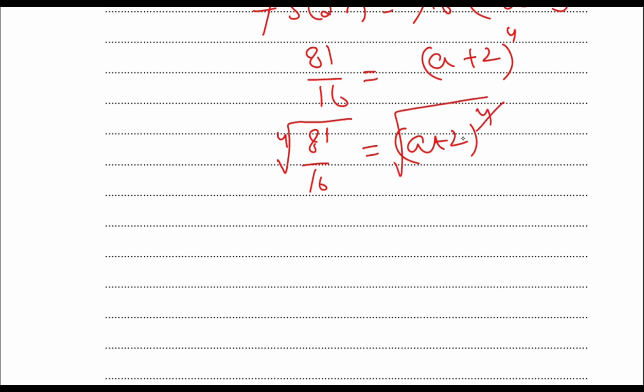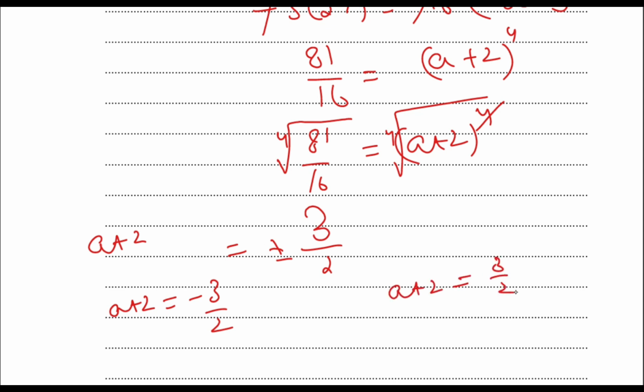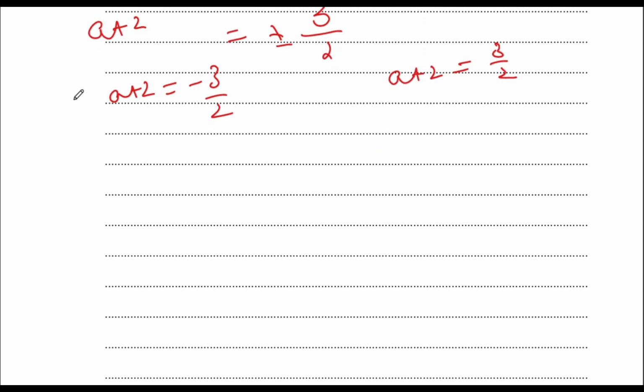By taking the fourth root, it will be cancelled out, so we will be left with plus minus 3 by 2 is equal to a plus 2. So a plus 2 is equal to minus 3 by 2, and the second time we can take a plus 2 is equal to 3 by 2.